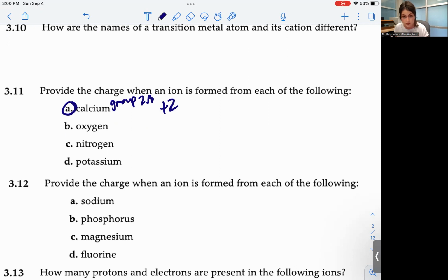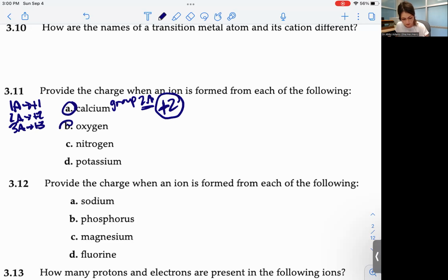So it's going to lose 2 electrons from its outer energy level so that it can have its valence electrons filled up. So if it's group 2A, remember 1A, it's going to be +1, 2A, +2, 3A, +3.